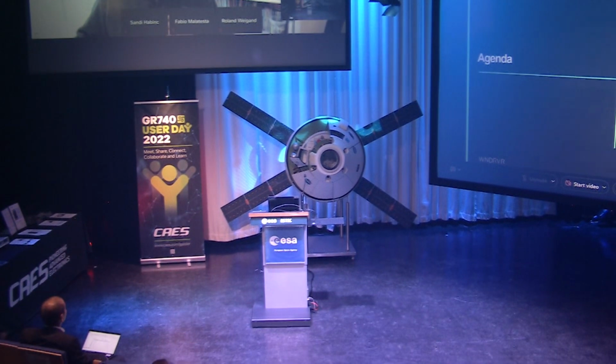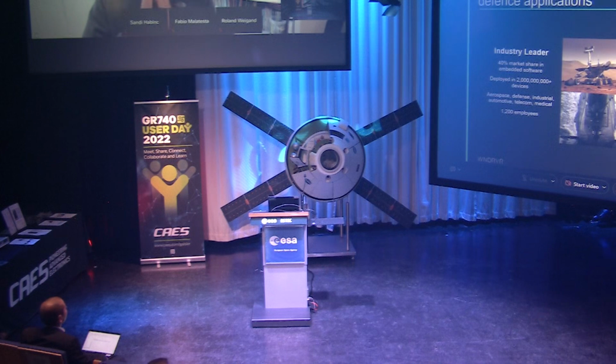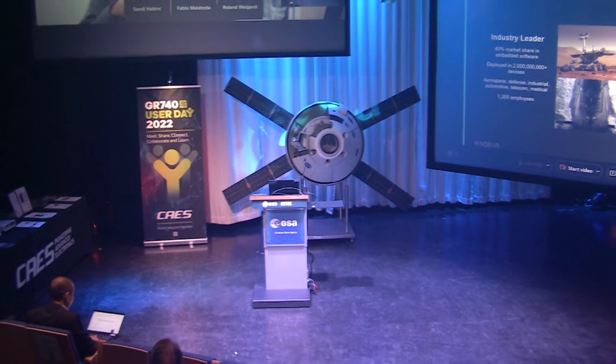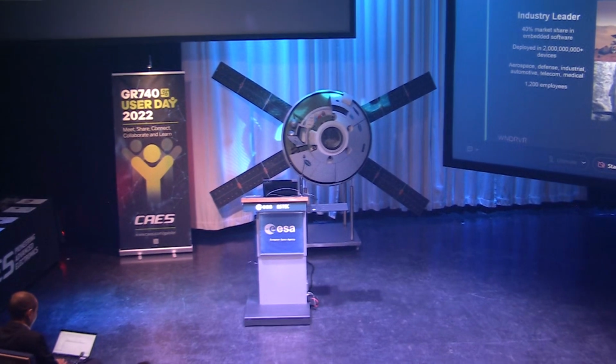So very quickly, Wind River is a software company. We are well known for our core business, which is real-time operating systems. Our VxWorks has been deployed to missions on Mars, and has also just been to the moon and back to the Earth a couple of days ago.